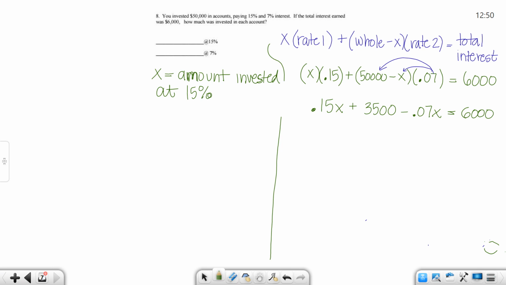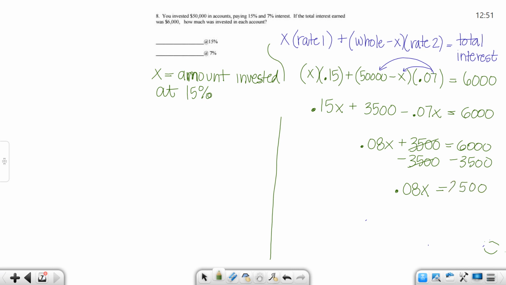If I put my x's together, 0.15 minus 0.07 is 0.08x. Subtract my 3,500. 0.08x would equal 2,500.